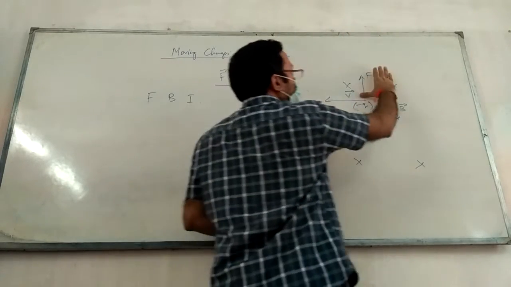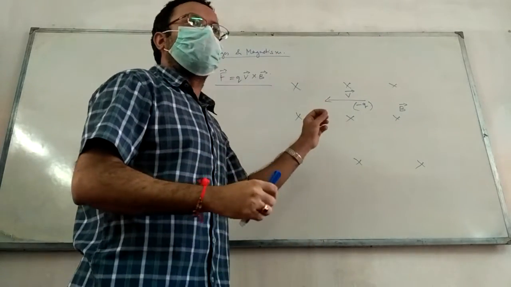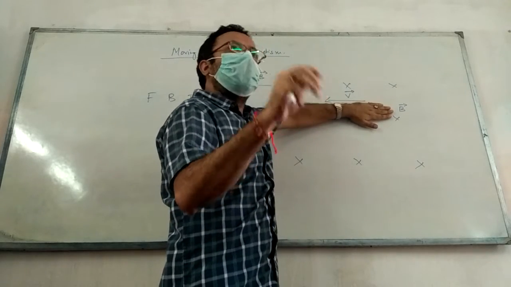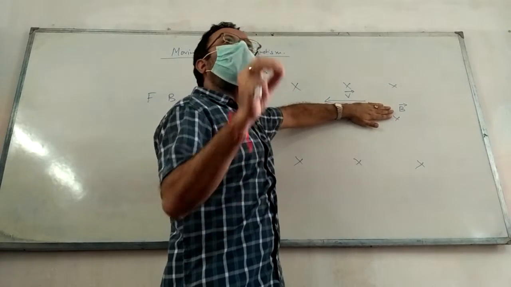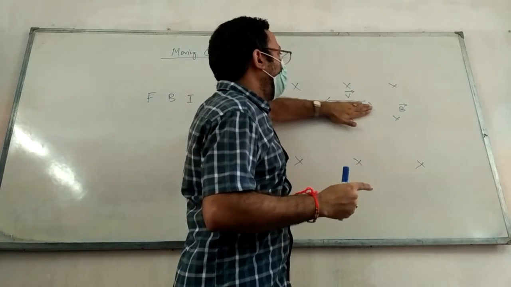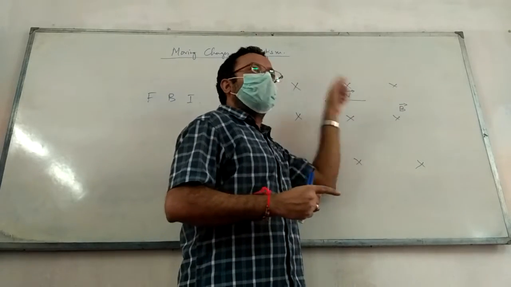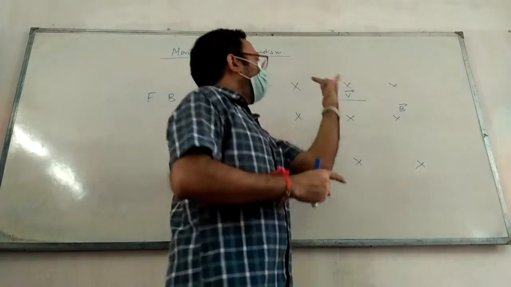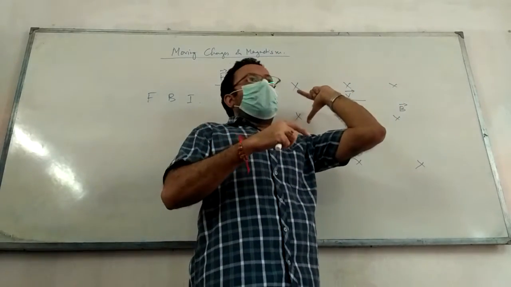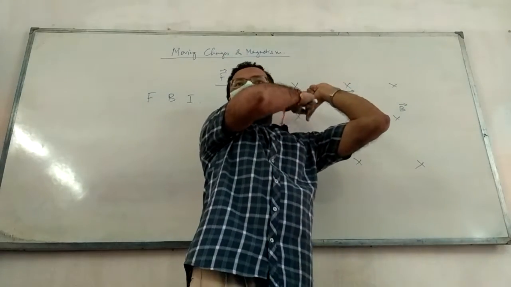Or else, you can also do it in this way. Forget about the negative charge at first. Just think of it as a positive charge. First we'll find the direction for a positive charge, and since the charge is negative we'll reverse it, okay? So first there is no need to look at the charge. Remove the charge. Velocity is this way. Where is the magnetic field? Into the plane of the paper. So it should be like this. In which direction should the force be? It should experience the force in the downward direction.